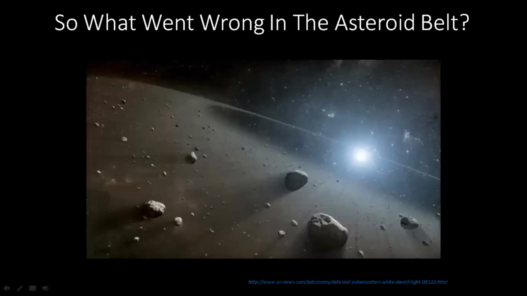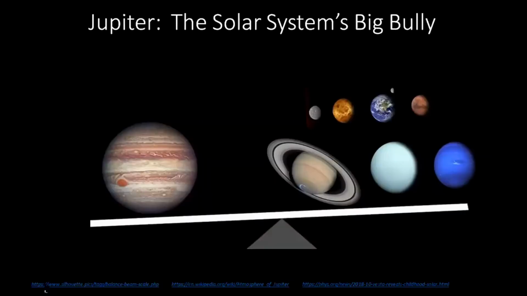So what went wrong out there? Well, we can answer that question in one word. What went wrong in the asteroid belt was Jupiter. Jupiter, the big bully of the solar system. As we said earlier, 99% of the mass of the solar system went into the sun.